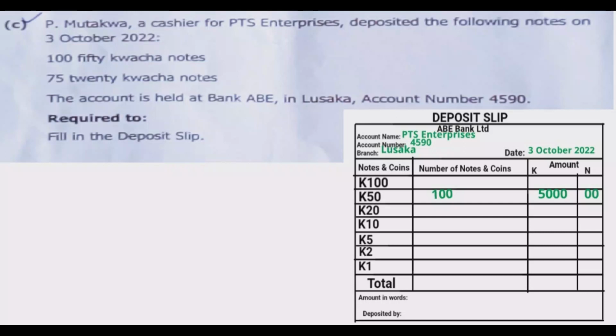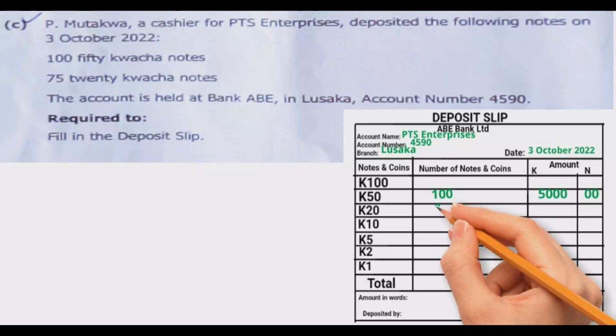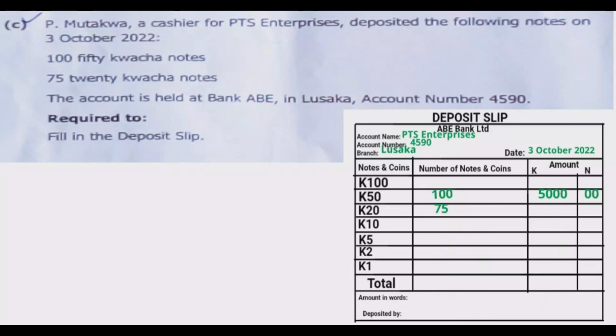In the statement, are we given notes of 20 kwachas? Yes. How many? 75. So we write 75 there. 75 times 20 will give us 1,500. We write 1,500 kwacha there on amount. And how many ngwes? We have 0 ngwes, so we write 0 there. Once we've done that, we find the total.